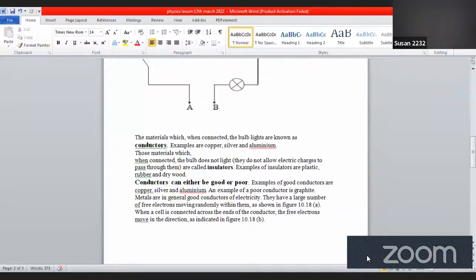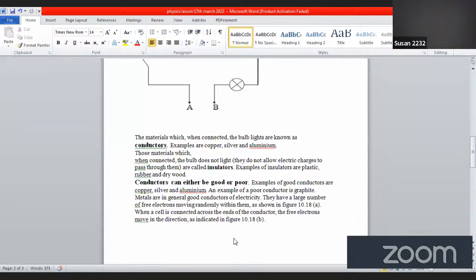Examples of insulators are rubber, plastic, and dry wood. Conductors can either be good or poor. Examples of good conductors are silver, copper, and aluminium. Examples of poor conductors are graphite.